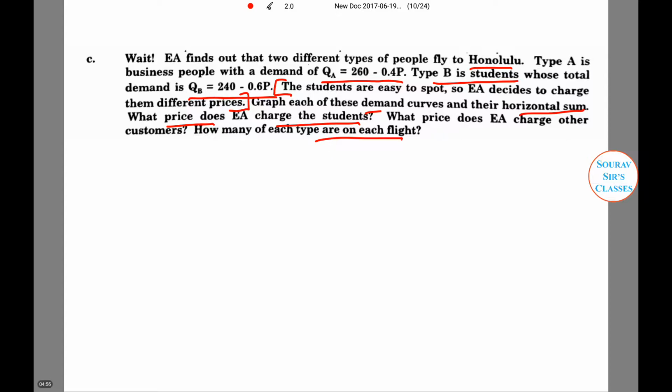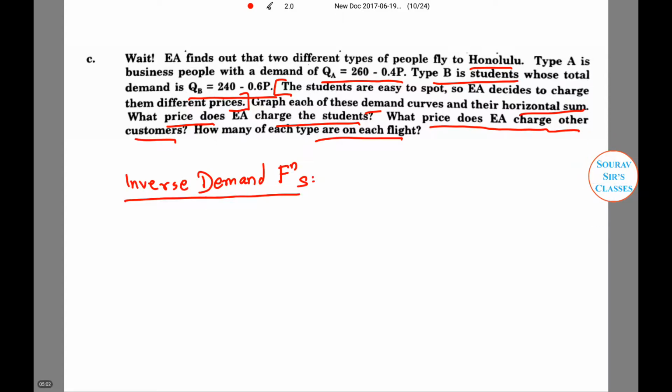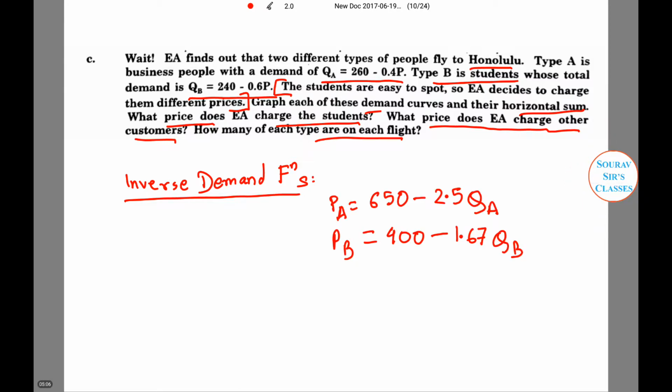And lastly, the price when EA charges other customers. Now first we find the inverse demand functions. PA, the demand function of type A, is PA equals 650 minus 2.5QA, and PB equals 400 minus 1.67QB.